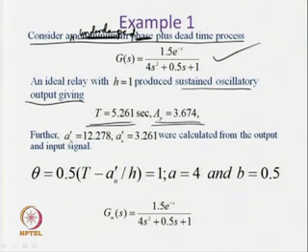Now, further, the area of the half period of the output signal, AY dash, is equal to 12.278, and the area of the input signal over the same half period, AU dash, is equal to 3.261.